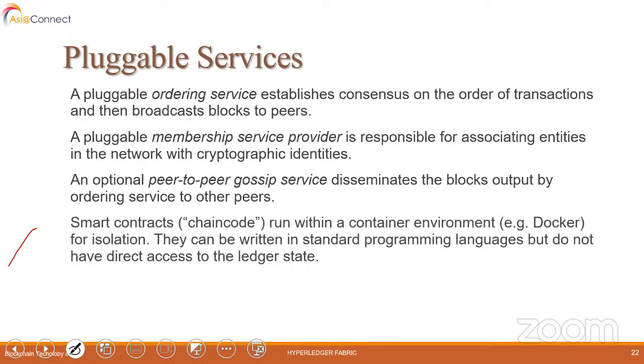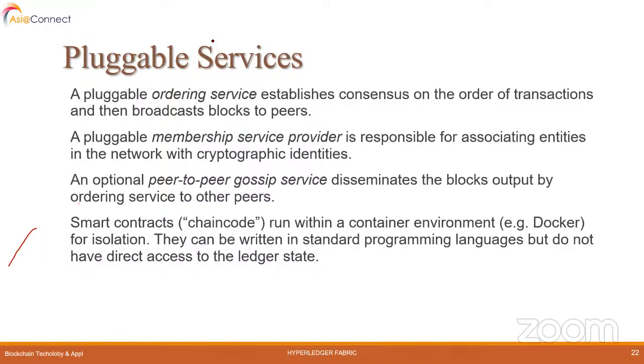Now, coming to smart contracts or chaincode, as you can call them here in the context of the Hyperledger Fabric network, they run within a container environment, that is Docker, for isolation. So one requires smart contracts to remain safe and secure. Therefore, you have Docker containers available where we run those smart contracts within the container environment.